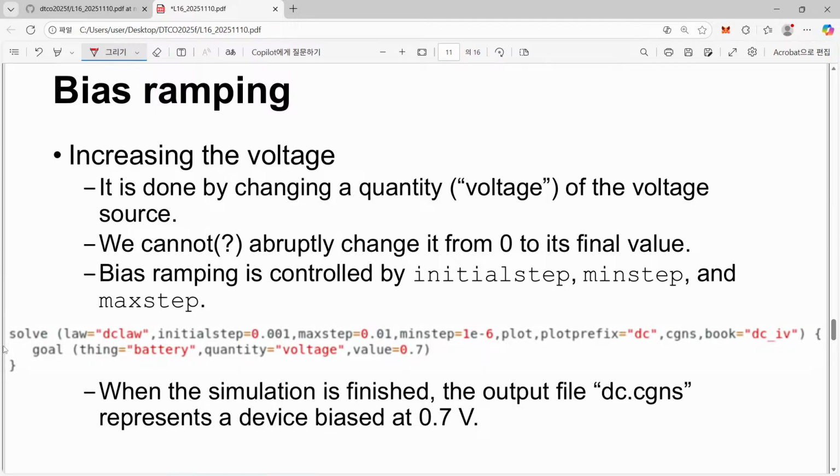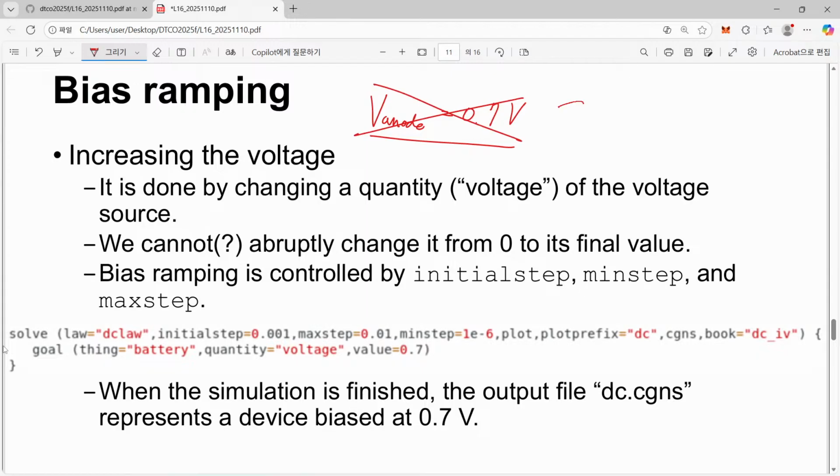What we want to do is apply a certain bias voltage to our PN junction and observe the terminal current. For example, I want to apply an anode voltage of 0.7 volt. Since that is of my interest, I want to say: please solve the situation where the anode voltage equals 0.7. But unfortunately, it's not directly possible.